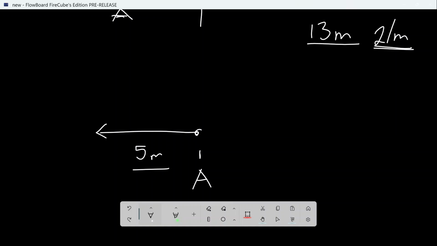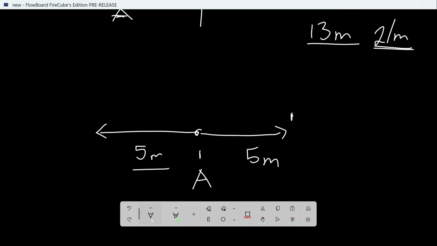But what is the displacement? Well, this is where we're going to introduce something that helps us to understand the difference between distance and displacement. What if we had another ball here that was also 5 meters away, but in the opposite direction? We would say that the displacement is the distance away from the starting point.